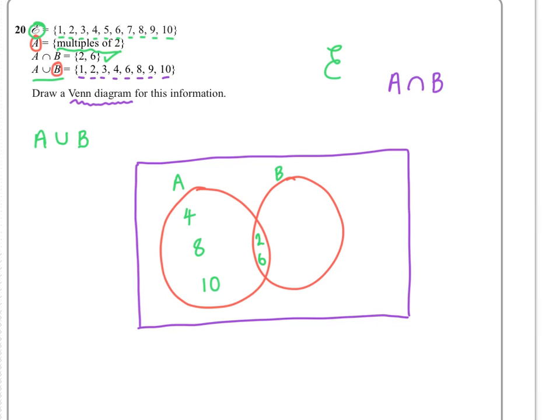So we already have 2 and 6 here. We have 4, 8 and 10. And we've got to have 1, 3 and 9 included somewhere. Can't be in A because A only has multiples of 2. Therefore, the 1, the 3 and the 9 have to be in B.